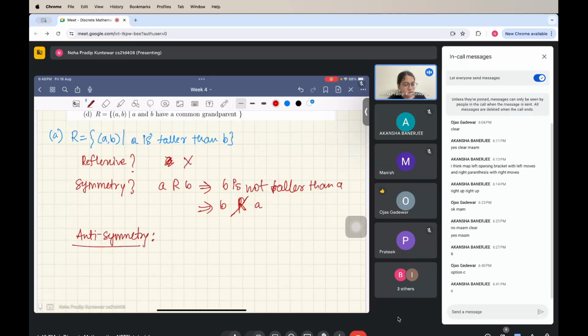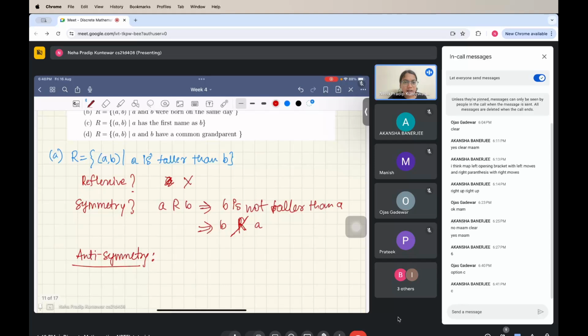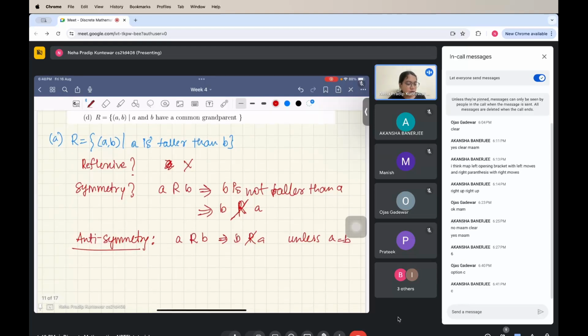Yes, I have one answer which says yes. So indeed, this is an antisymmetric relation. What we mean by that is, if A is related to B, then B cannot be related to A unless A is equal to B. That's the only exceptional case. So what we're saying is, if A is taller than B, then it can't be that B is taller than A, which is true in this case.